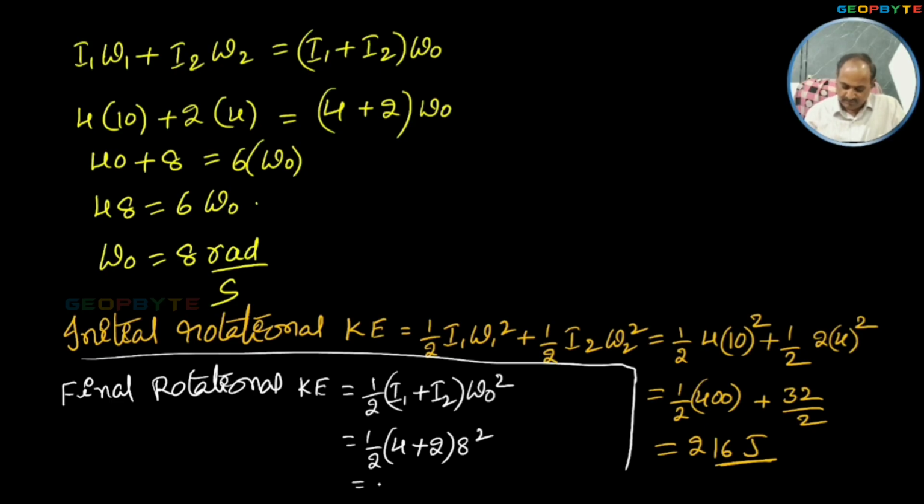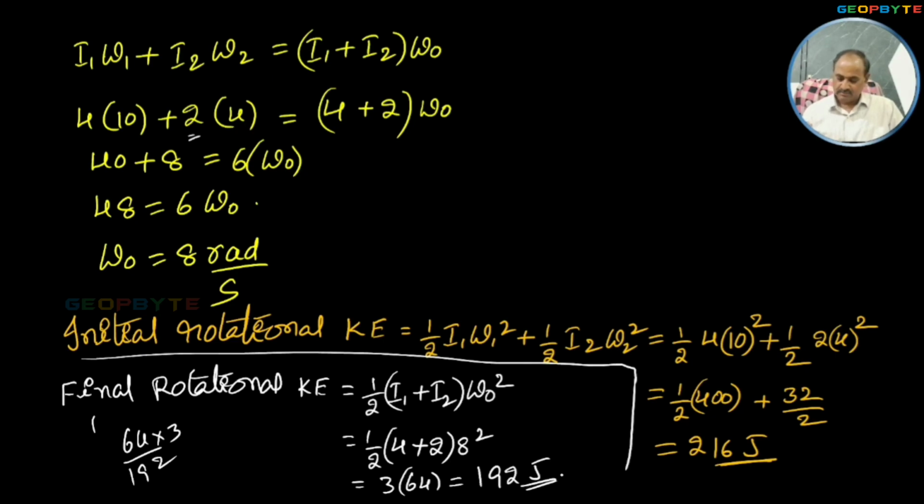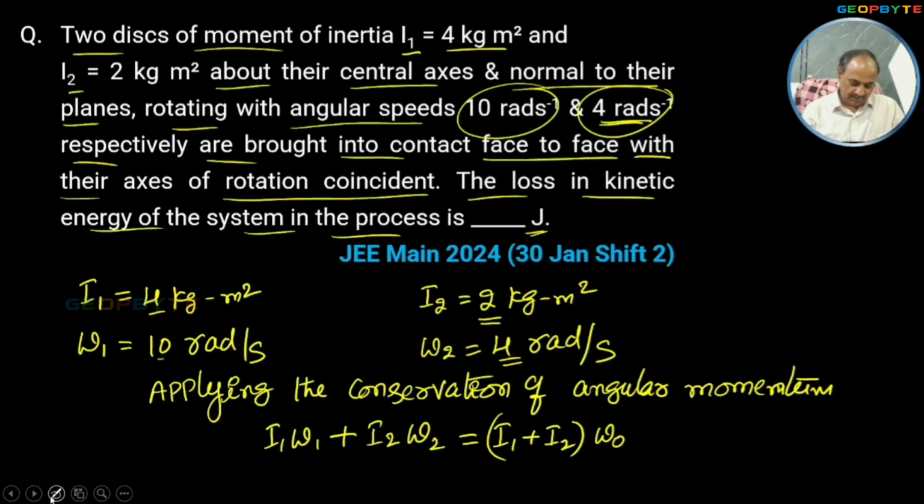It is 6 by 2, which is 3, into 64, so it is 192 joules.